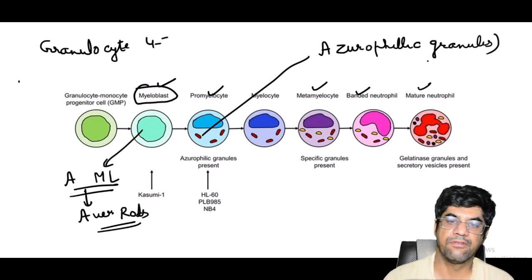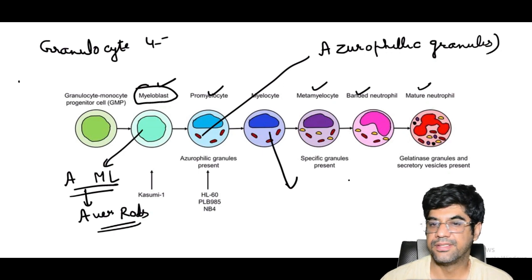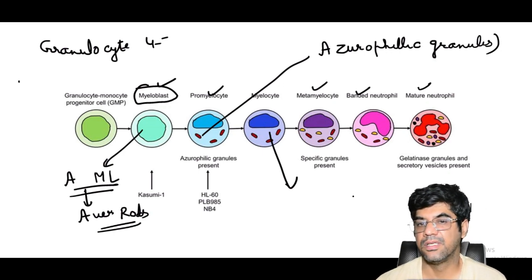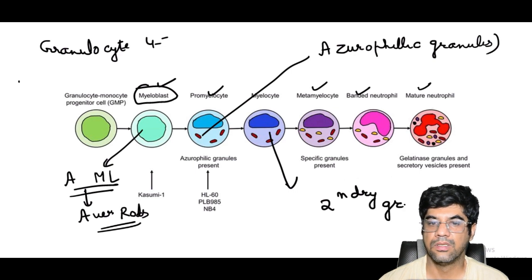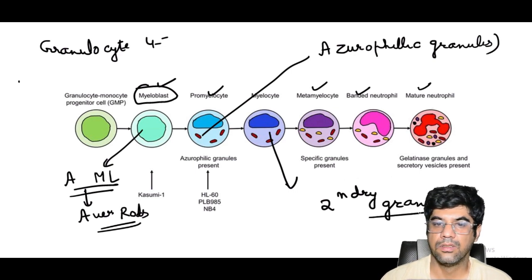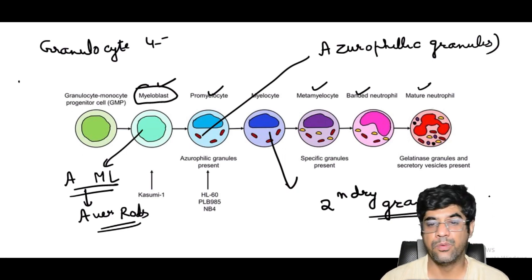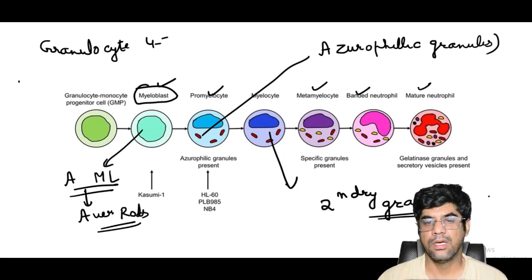The next stage is the myelocyte. In myelocytes, secondary granules are present. The nucleus is eccentric, round to oval with chromatin and no nucleoli is seen.